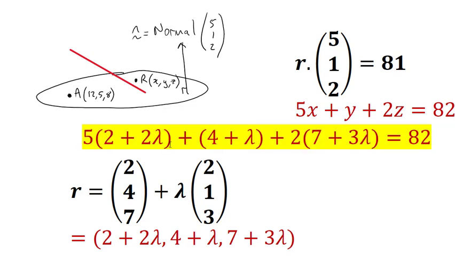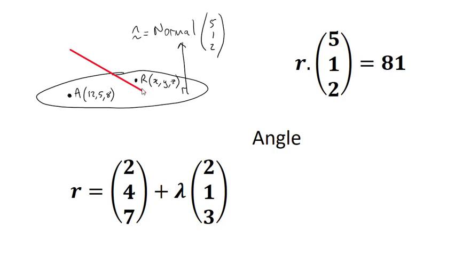So I've substituted the x component, the y component, and the z component into the plane. And I'm going to find a value for lambda. And then whatever it is, I'm going to plug it into this here, and it will give me a coordinate. Let's say lambda turned out to be 10. Well, then it is 22, 14, 37.